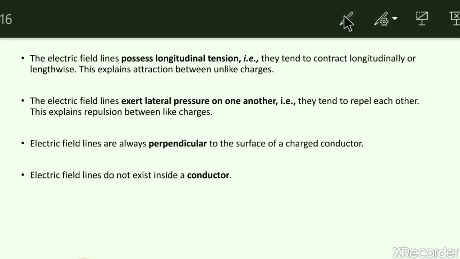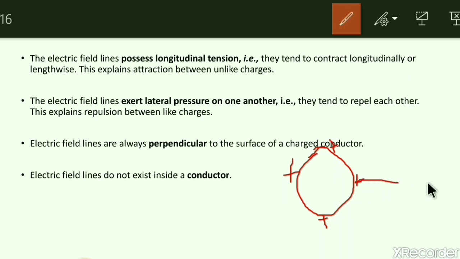So you can understand it in this way. See, if there is a spherical conductor on which we have charges spread like this, see, everywhere the excess charges are present like this. So if you want to show through electric field lines, that is visualization of electric field, you have to draw exactly perpendicular to that unit area.